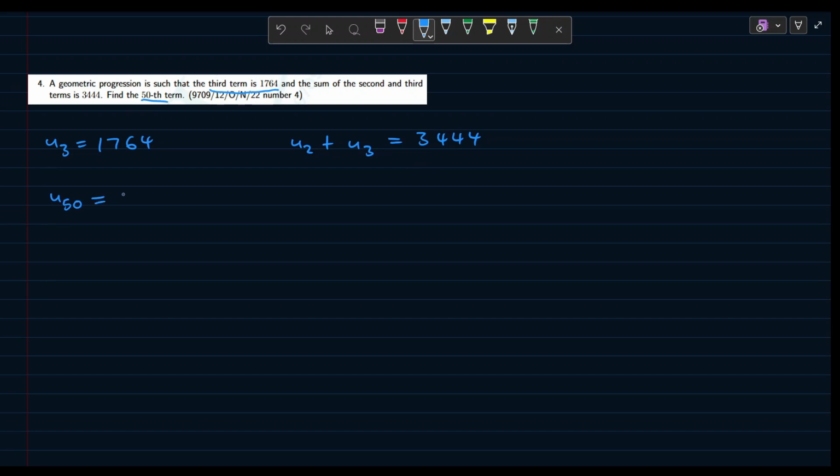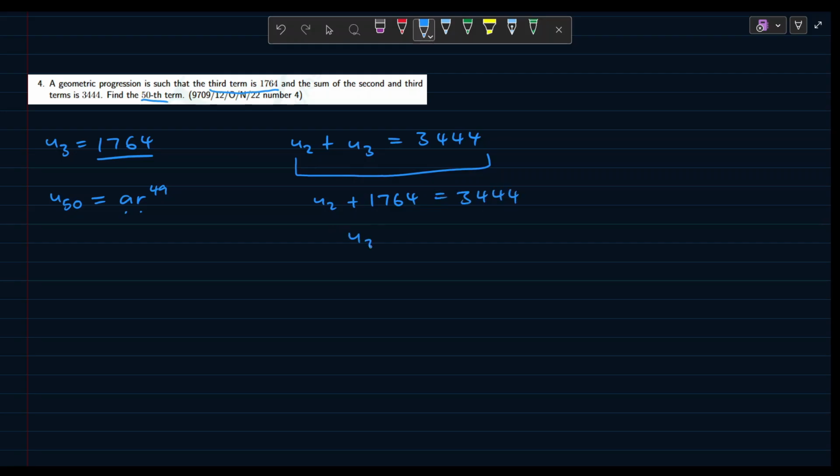So using the formula for nth term, u50 is going to be ar to the n minus 1, so ar to the 49. So what this means is that we have to find a and we have to find r. So to do that, we can use the information that we have. We know that u2 plus u3 is 3444, u3 is 1764, so u2 plus 1764 is equal to 3444.